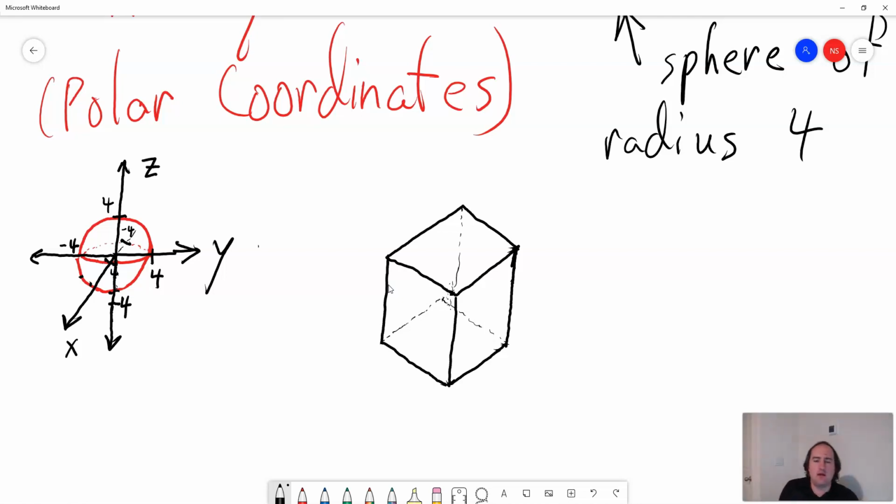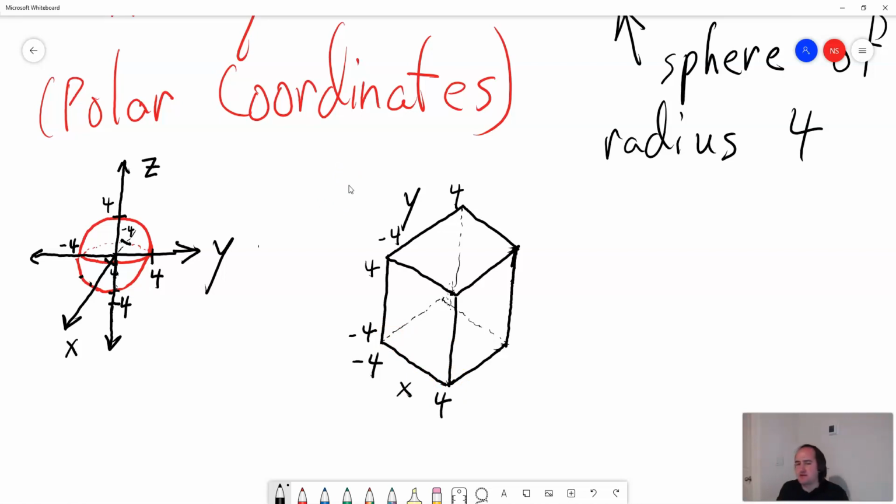Okay, and then we're going from -4 to 4. So up here we have y, which goes from -4 to 4, and then z is the vertical axis. That goes from -4 to 4. And then the x-axis is this one right here, which also goes from -4 to 4.